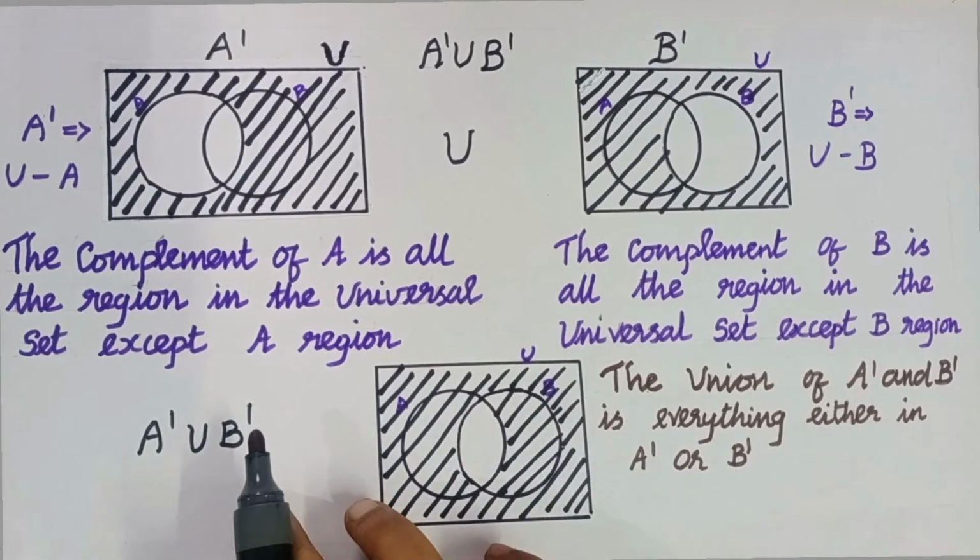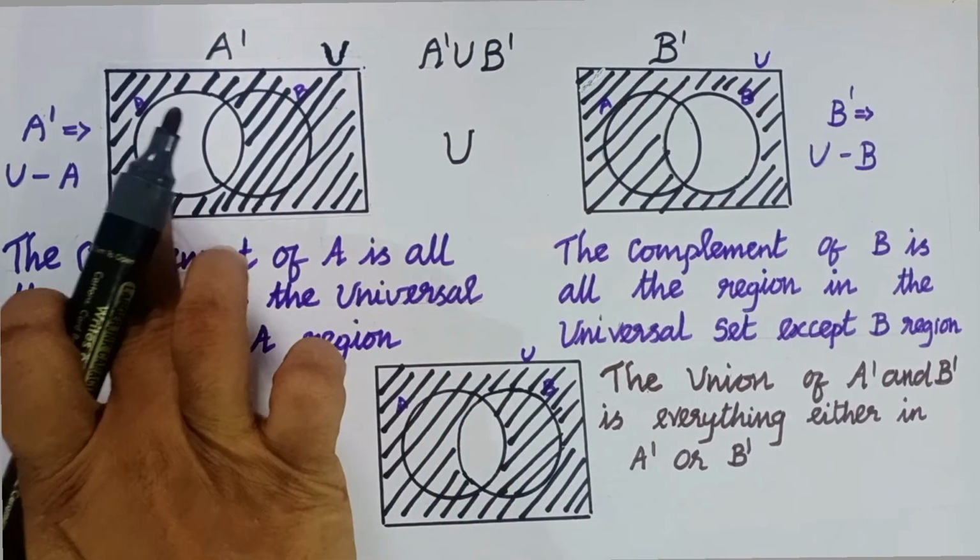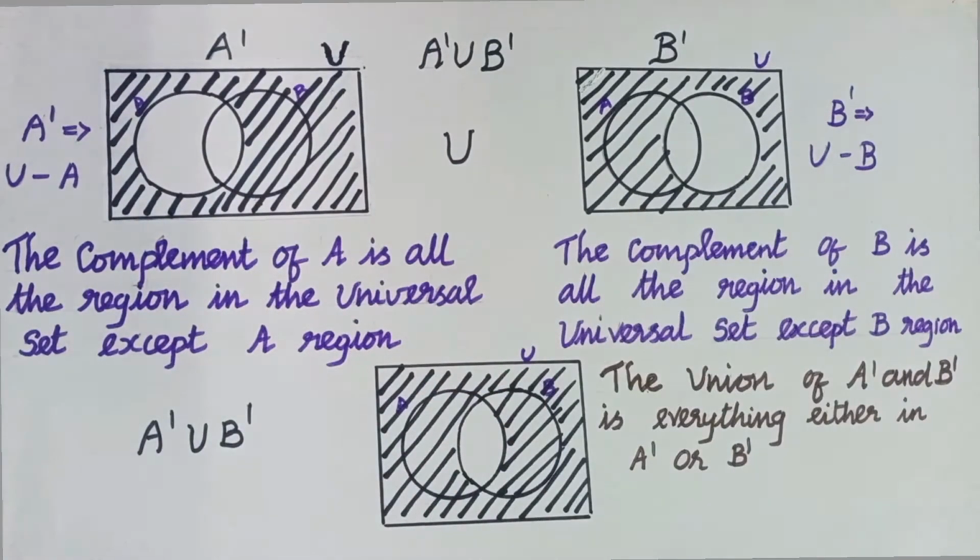So A dash union B dash means all the region except this overlapping area, joining this A dash diagram and B dash diagram.